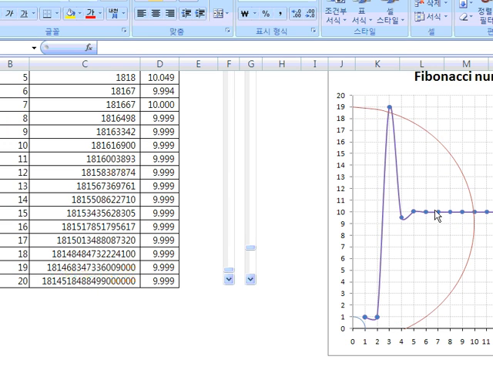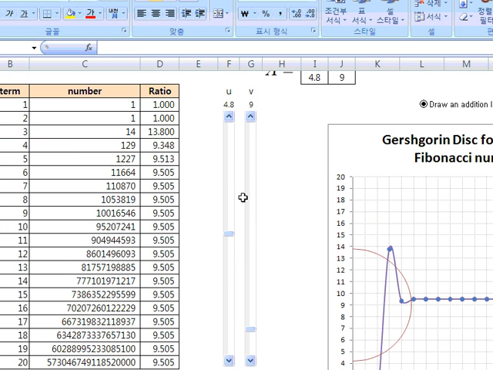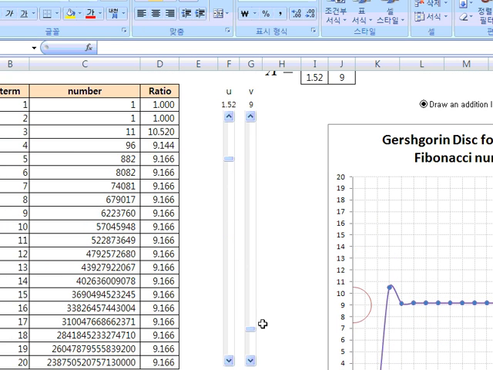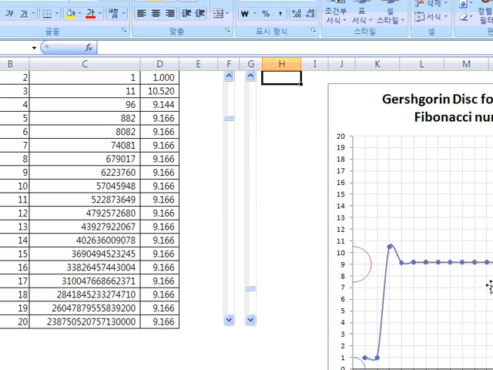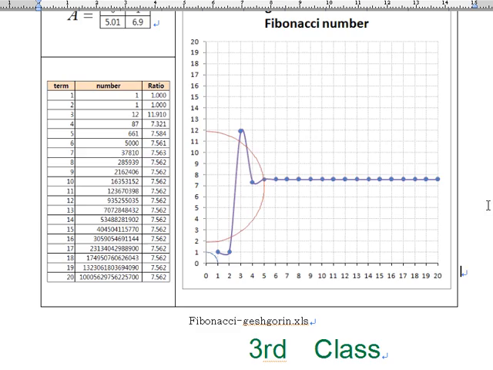So the eigenvalues are here, something like this. And so this shows how we can use the theory to find the eigenvalues that tell us the ratio at which the sequence converges. Okay, anyway.